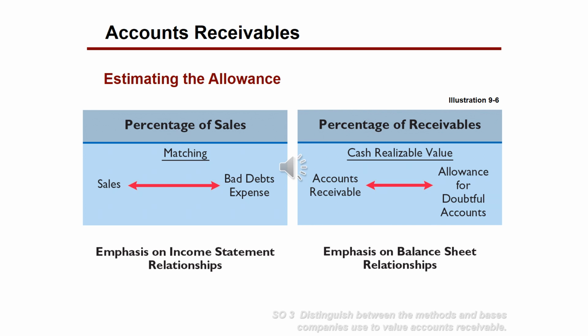Under both bases, the company must determine its past experience with bad debt losses. So typically they base their estimation on historical data to try and be as accurate as possible.